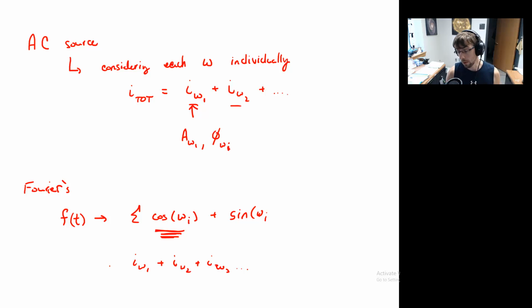Now you're probably wondering, maybe, can Fourier's theorem be extended? Yes, absolutely. So when I introduced Fourier's theorem, what I was doing is I considered cosine of 2 pi n t over T, for example.